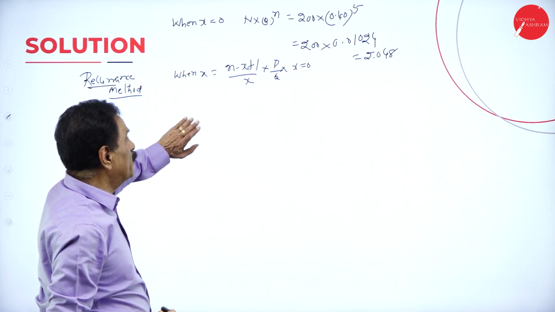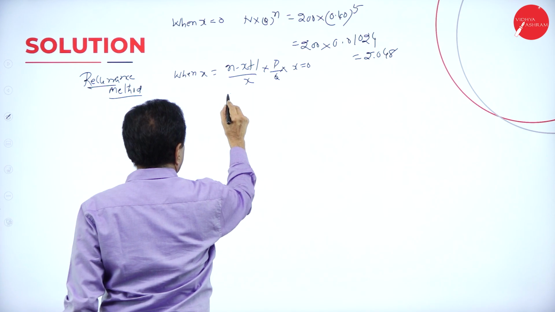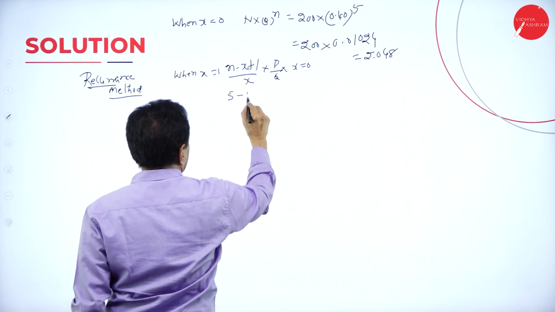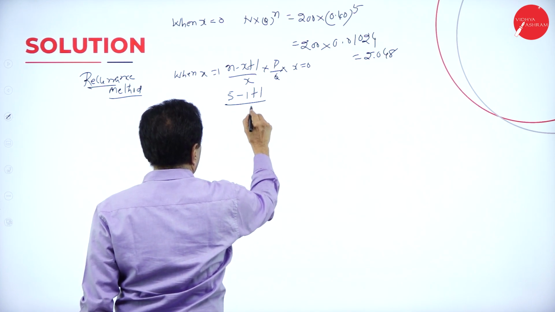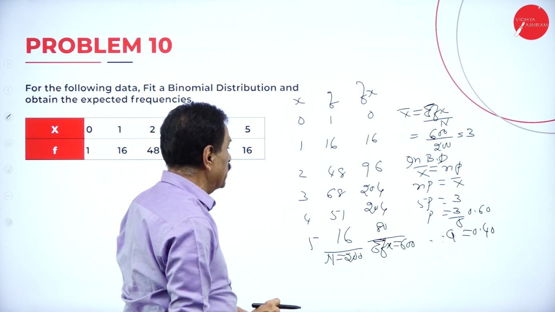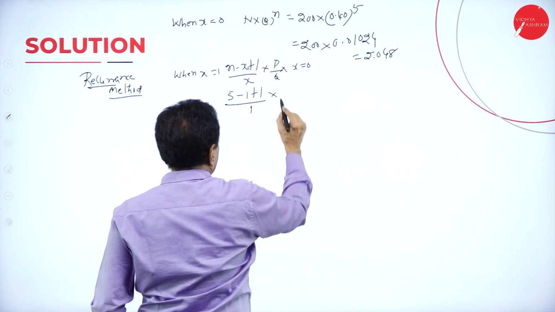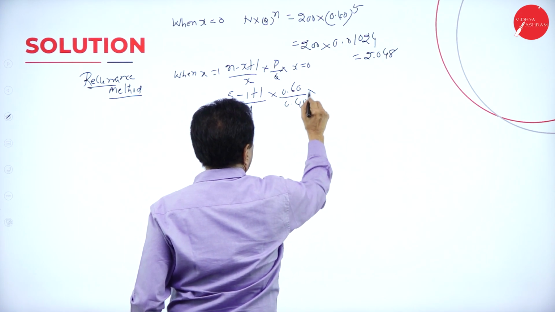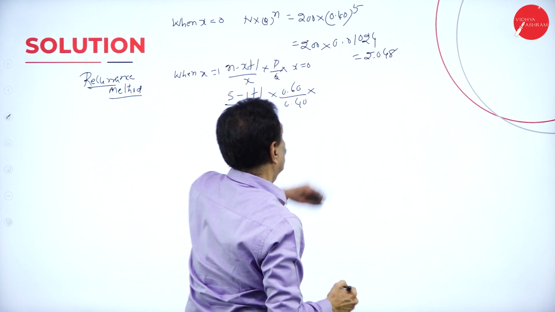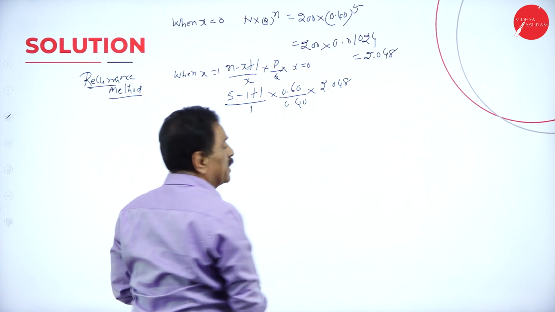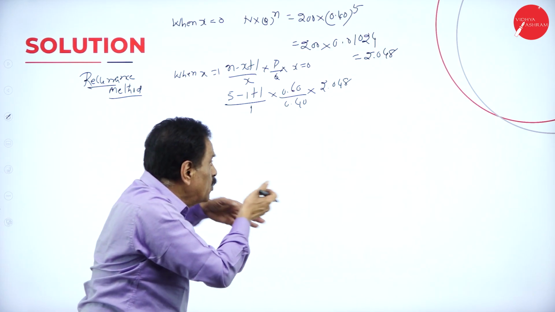What's your n? How many items are there? 5. Minus x, which is 1, plus 1, divided by 1. What's your p? You calculated p already. See that, p is 0.60 over 0.40 into, what's the previous value? 2.048. In the recurrence method, the last answer you have to take here.